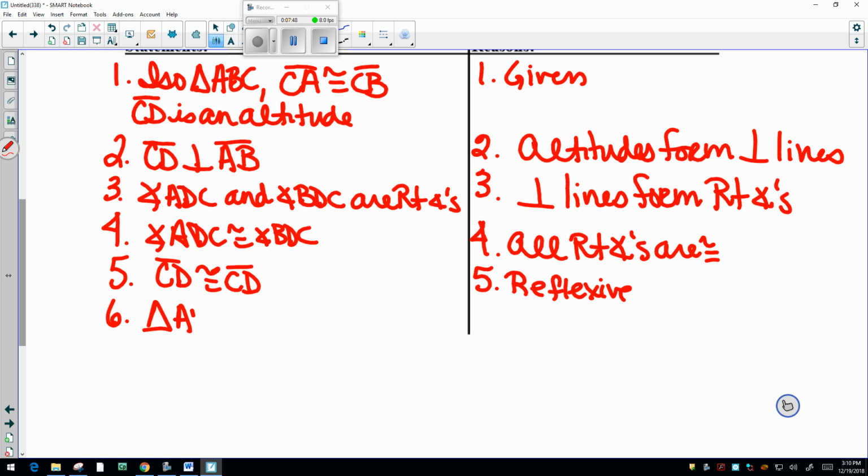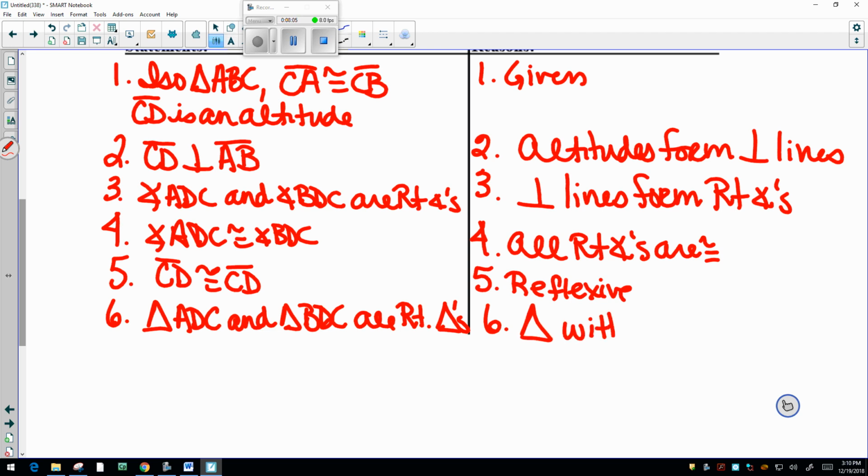Triangle ADC and triangle BDC are right triangles. Okay, and the reason we know that is as long as I have a triangle with a right angle, a triangle with a right angle is a right triangle.